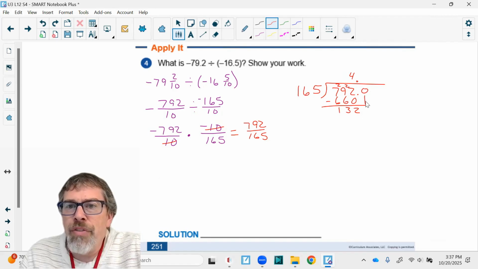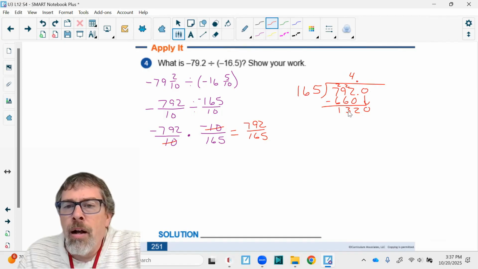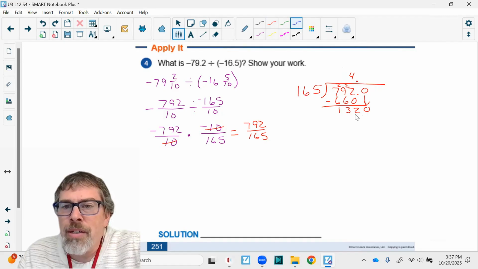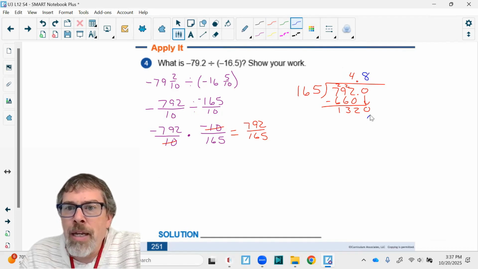And 165 is more than 132, so it won't go. So I add a 0. So how many times will 165 go into 1,320? I don't know off the top of my head, so I'm going to do this in a different color. I might have to erase. I know it's not 10 because that's 1,600. I'm off by 3, so I'm going to subtract 2 from that and try 8. 5 times 8 is 40.